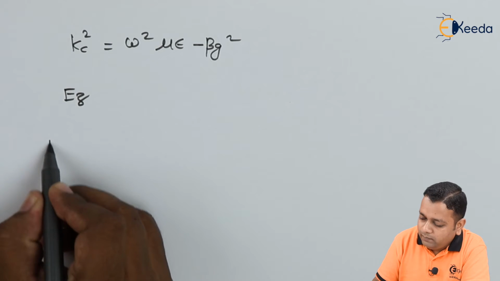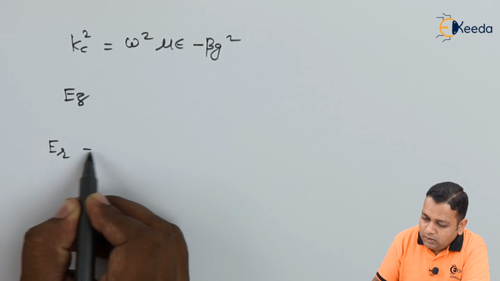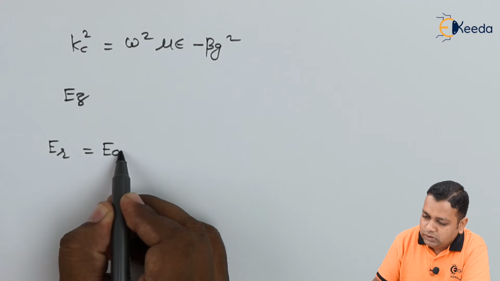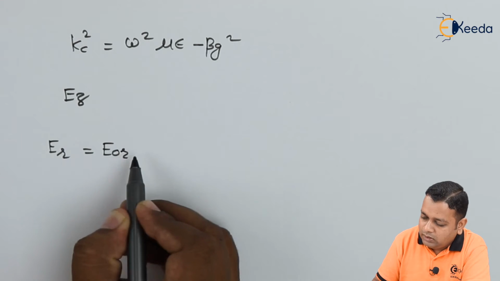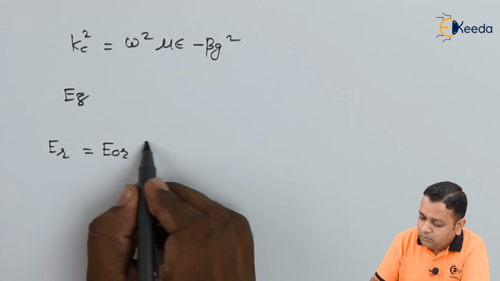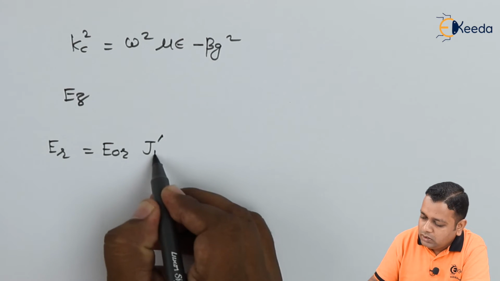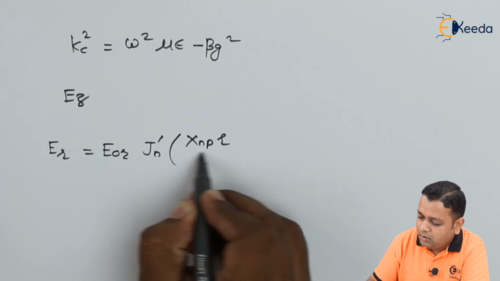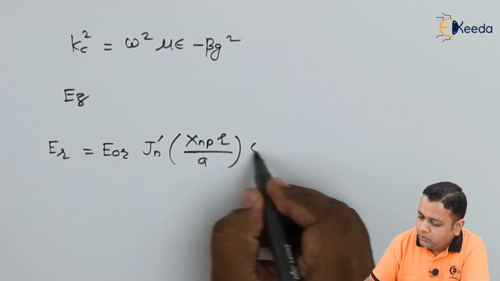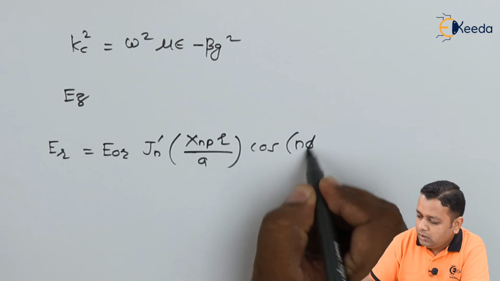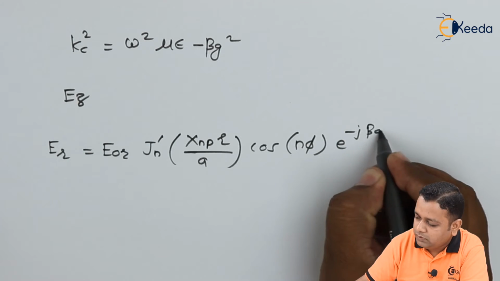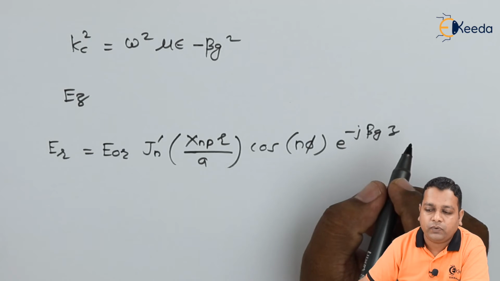So we obtain the Er equation as E suffix 0r, the peak amplitude, in multiplication to Jn dash of x np into r divided by a, into cosine of n phi, into e to the power minus j times beta suffix g into z here.